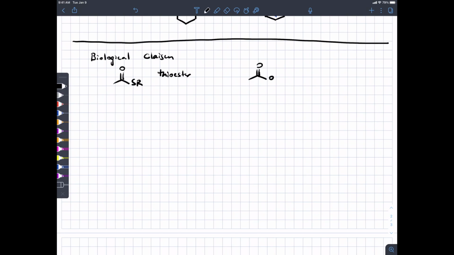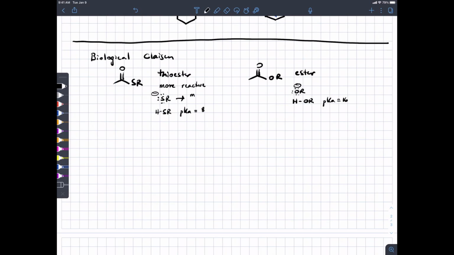Okay, a thioester is the sulfur version of the ester. And thioesters are more reactive than esters because a negatively charged sulfur is more stable than a negatively charged oxygen because of the size difference between the two. And this is reflected in the fact that an alcohol has a pKa of 16, whereas the corresponding thiol has a pKa of 8.